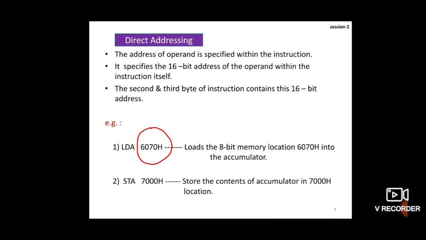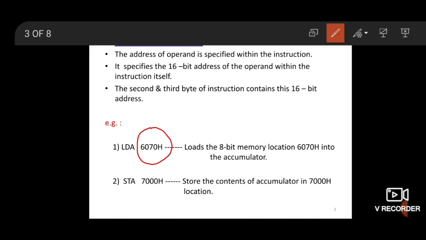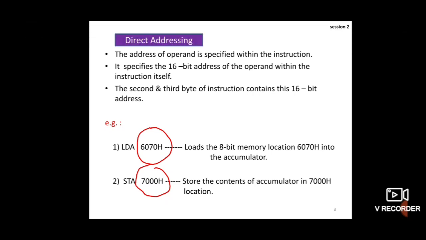See one more example, STA 7000. Here also this is an address, so this instruction is also included in direct addressing mode. STA means store accumulator: store the content of the accumulator in memory location 7000H.